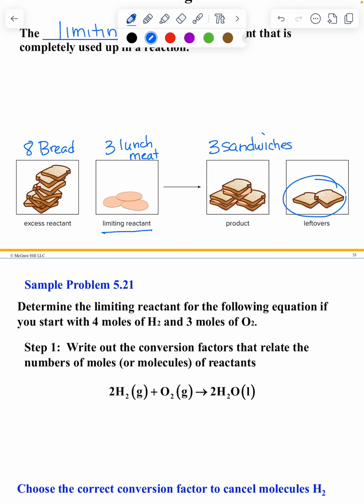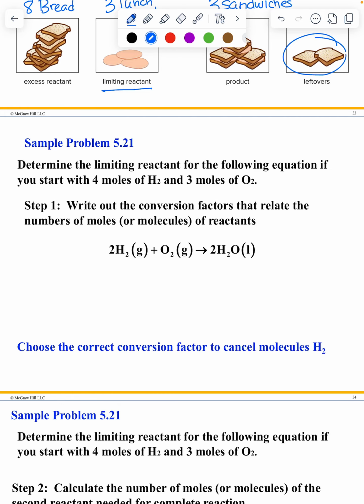So here's a problem. It says determine the limiting reactant for the following equation if you start with 4 moles of H2 and 3 moles of O2. And so our first order of business then would be to write out the conversion factors that relate the moles of our reactants.